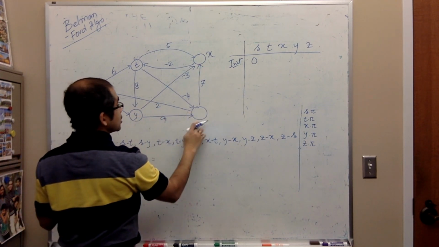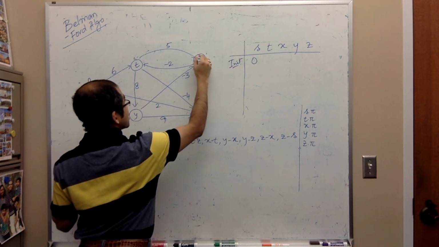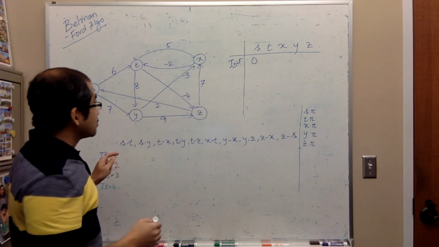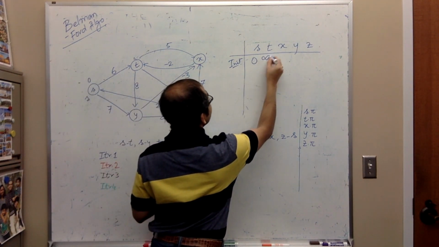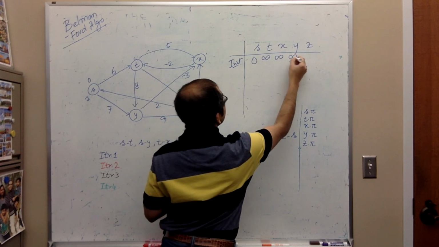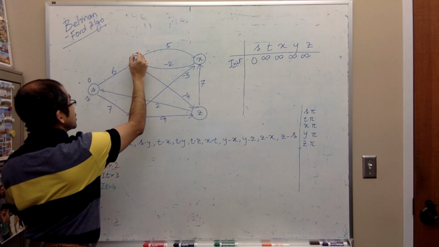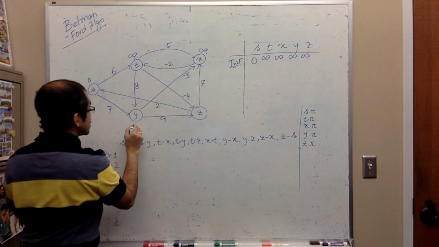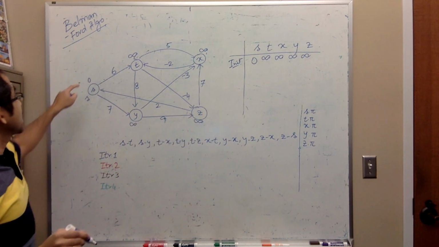Y, Z is inside this, and X is inside this. Now what happens? The distance estimates will all be infinity. This is just the distance table. So this is infinity, this is infinity, this is infinity, and this is infinity. Initially, and this is 0.